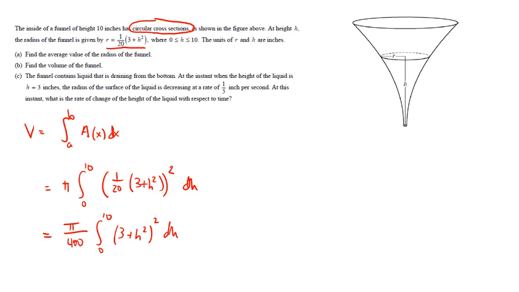Well, it's not a u substitution problem because u would be 3 plus h squared, but I don't have the derivative of that anywhere in the problem. So what I have to do here is I just have to square out that integrand so that I get what? 9 plus 6h squared plus h to the 4th dh.